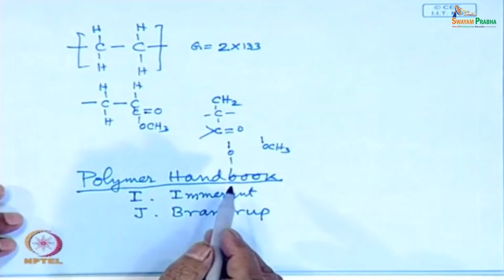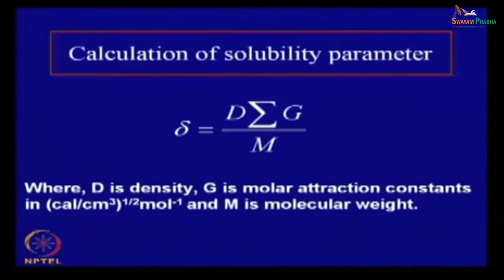There you can get an exhaustive list of molar attraction contributions in chemical compounds, be it a simple solvent or a polymer molecule. So, with the help of the data available in the data book, you can calculate the solubility parameter either for a solvent or for a polymer.